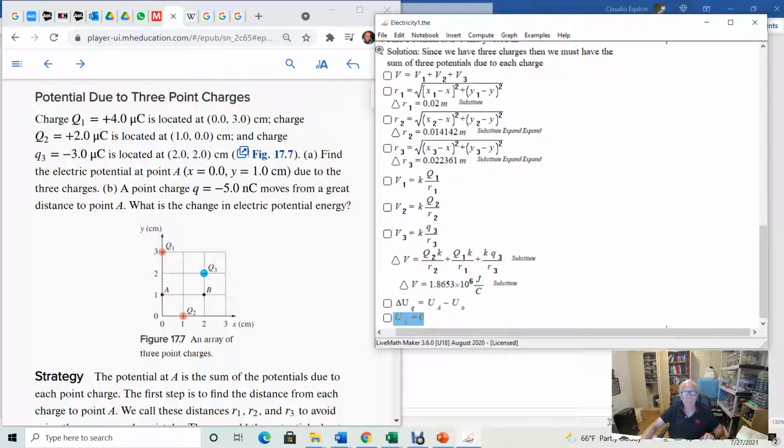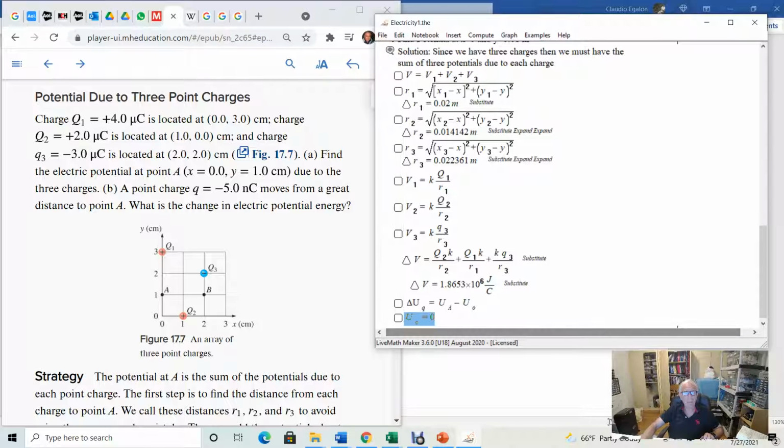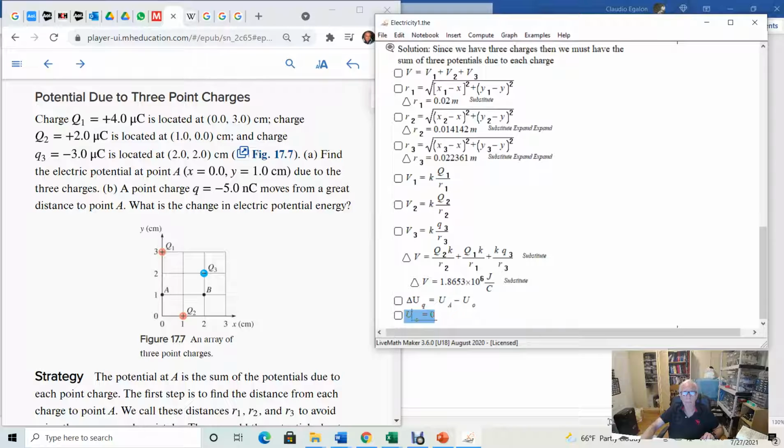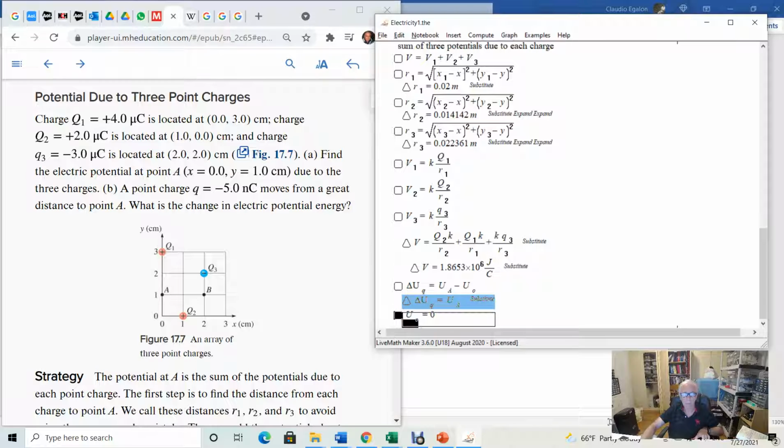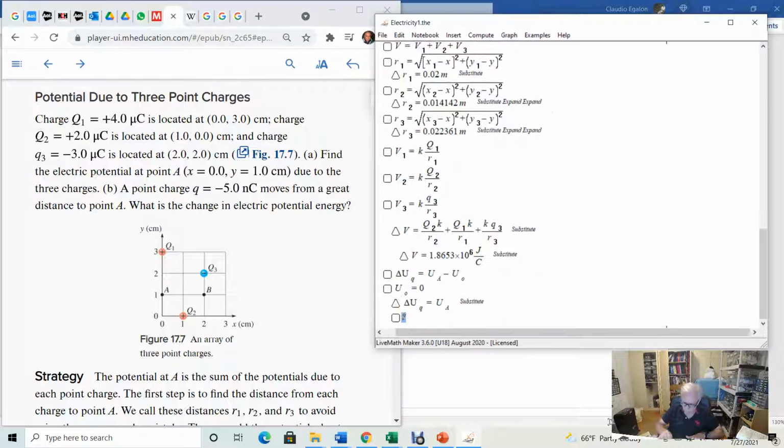Okay, here you go. But what else? The electric potential energy at A is going to be the charge Q times V at point A, which was exactly what I calculated here.